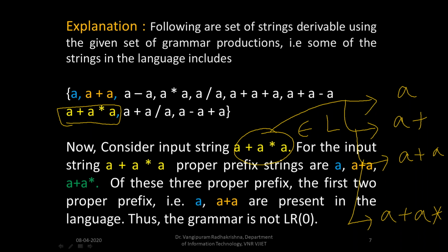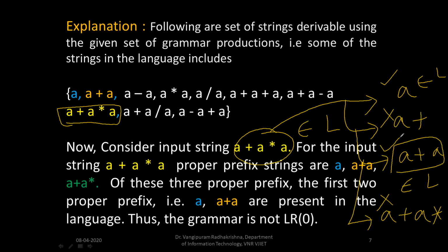So if you take string a, this string a belongs to the given language. a plus does not belong to the given language. a plus a star does not belong to the given language. However, a plus a belongs to the given language.